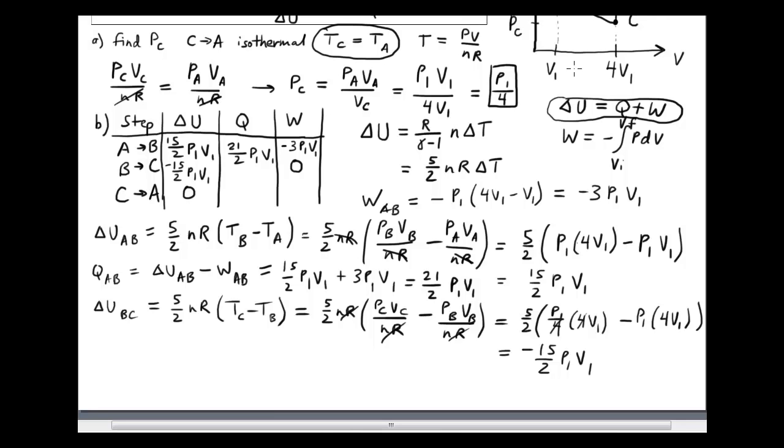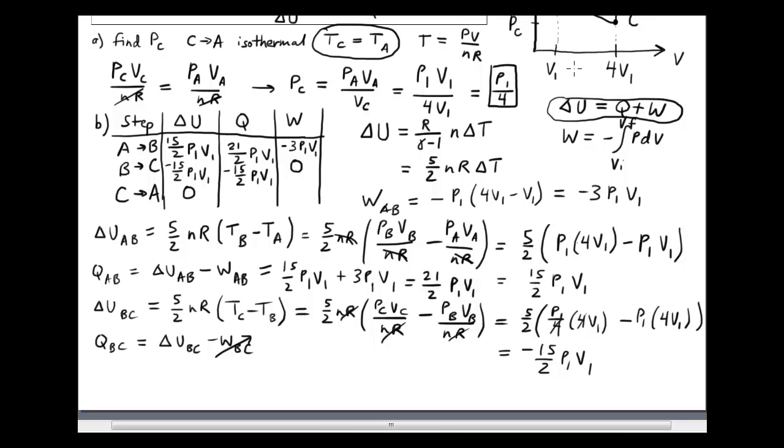Delta UBC is given, and now we go back to the first law and solve for Q. So QBC is delta UBC minus work BC. Work BC for this special case is 0, so QBC is just delta UBC, so we just copy it down. Negative 15/2 P1V1. All right, only two left.